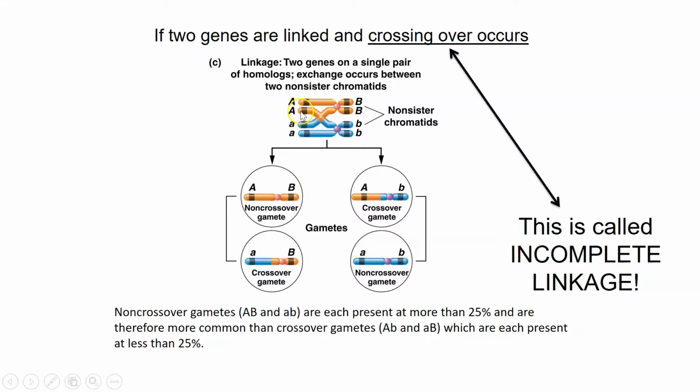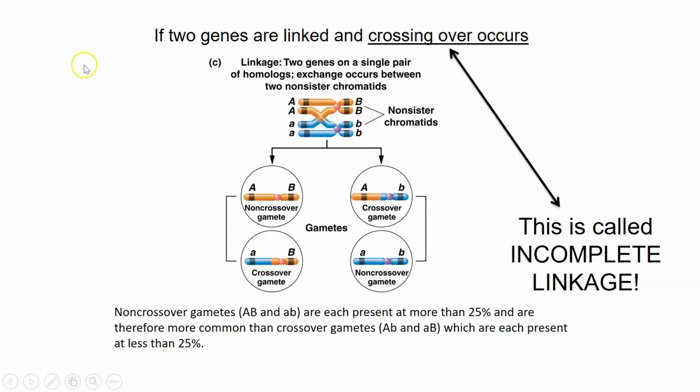This one now, it's going to link a dominant A allele to a recessive B allele. This is a crossover gamete. It's a recombinant genotype, big A with little b. And likewise, this one down here, little a, is now going to be linked to big B, this gamete.